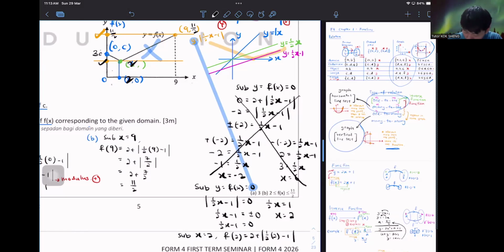Kosong. Oh, okay, nice. 2 plus kosong, so it's 2. Okay, so done already. The range is also 2, so it's between 2 and 11 over 2.